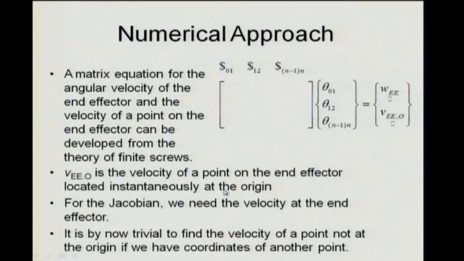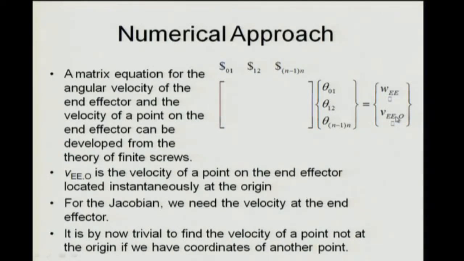Now we know that if you use screw theory, and I write down the screws 0,1, 1,2, and so on, multiply them by the respective angular rates, theta 0,1 dot, theta 1,2 dot, these are supposed to be dots, I will correct it at the end of the lecture today, then you will get the angular velocity and the velocity of the end effector.